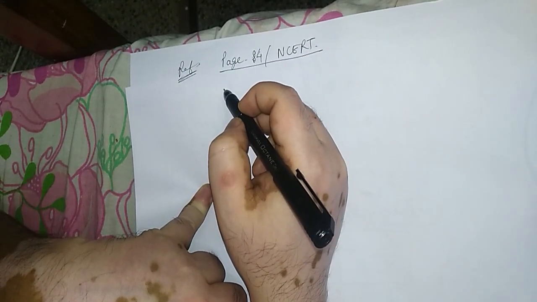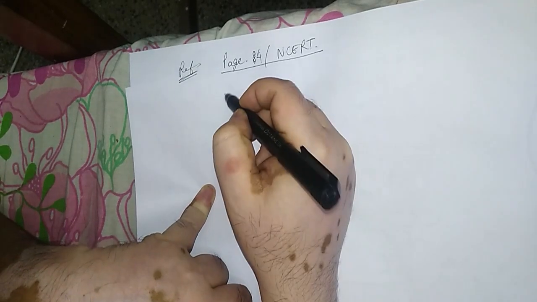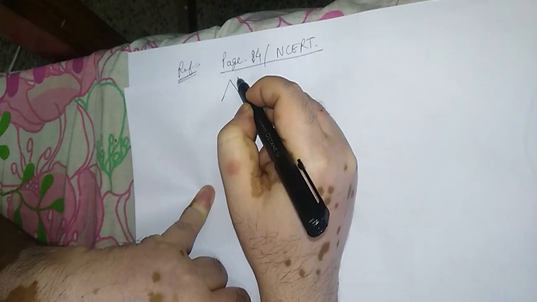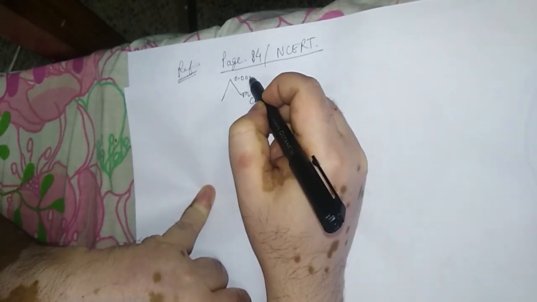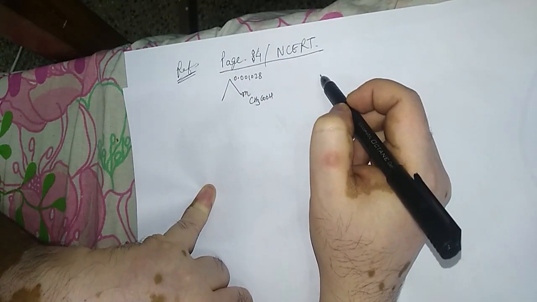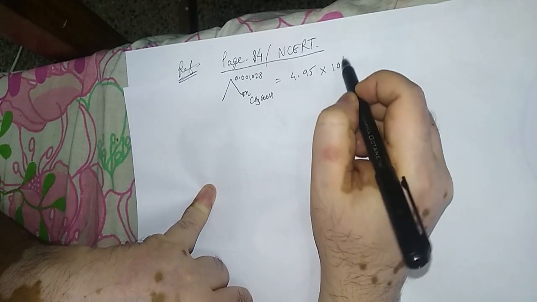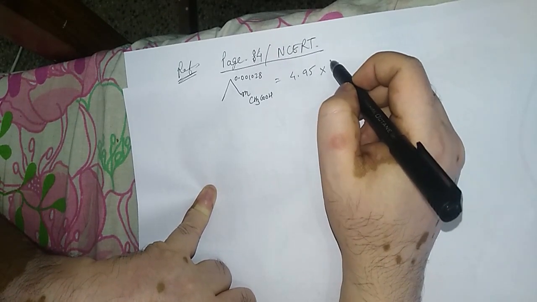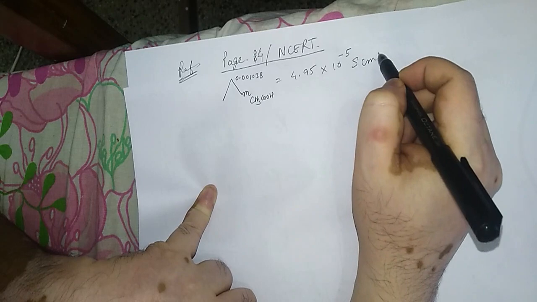It is said that the conductivity of acetic acid at a given concentration of 0.001028 mole per liter is 4.95 into 10 to the power minus 5 Siemens per centimeter.